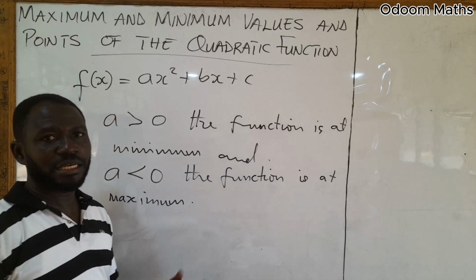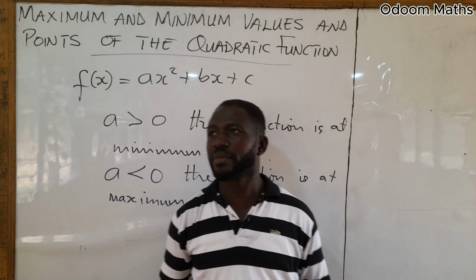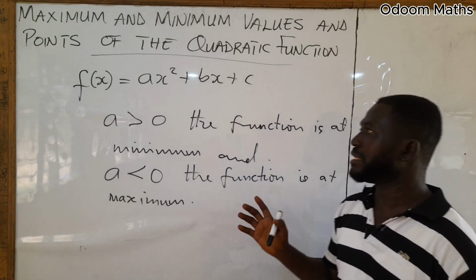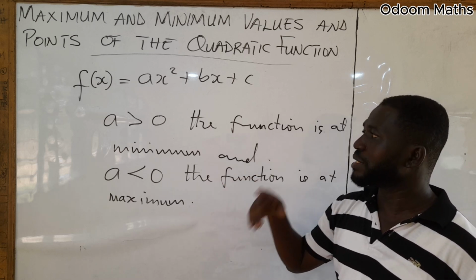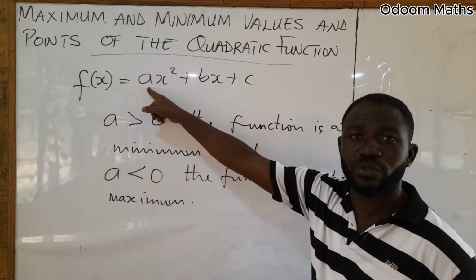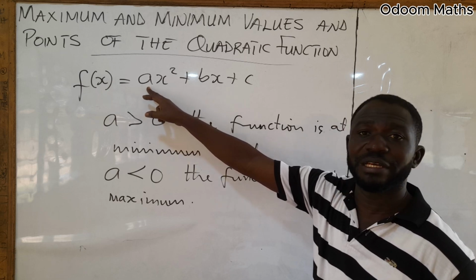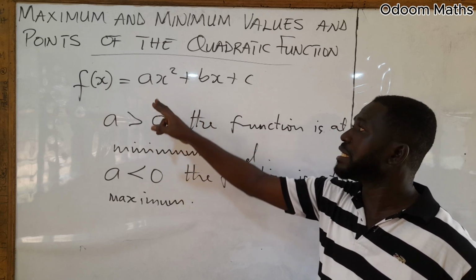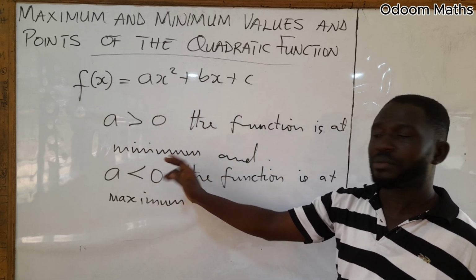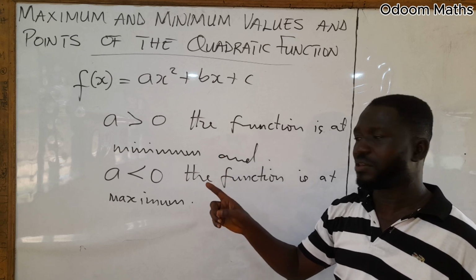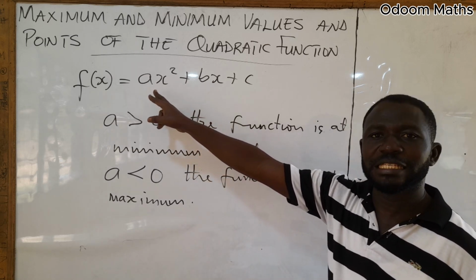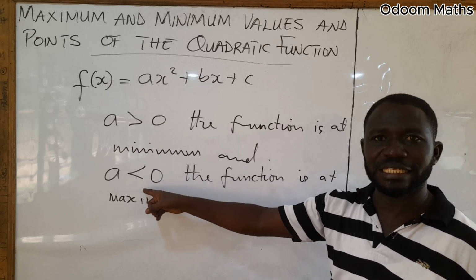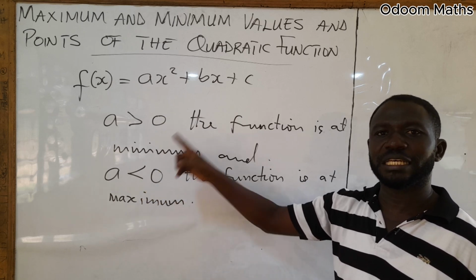So let's see how we can easily determine if a function is at its minimum or maximum. If this a is greater than 0 or positive, then the graph is at its minimum, that is a U-shaped graph or function. Then if this a is less than 0, that is negative, the graph is at its maximum.